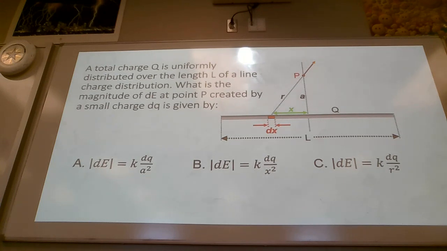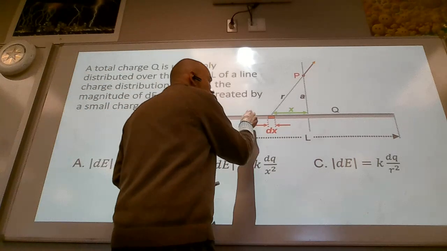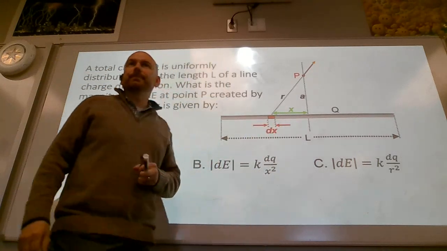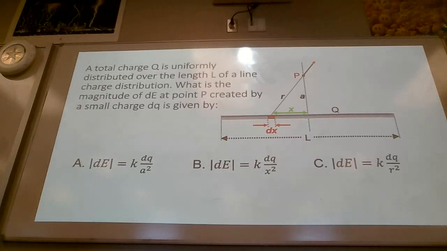We want to divide this up into small point charges, which we're then going to add up. But we first need to be able to identify what the small amount of charge is going to do to that point P.